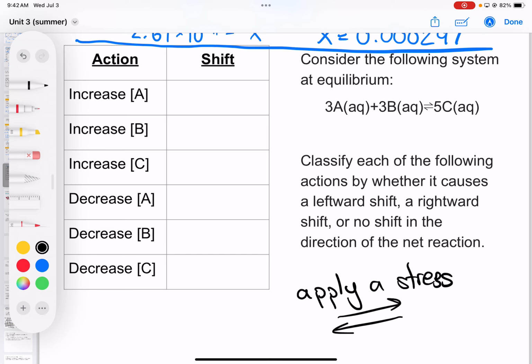So it's going to go whichever way it needs to relieve that stress, or what we really mean is to get it back into equilibrium.